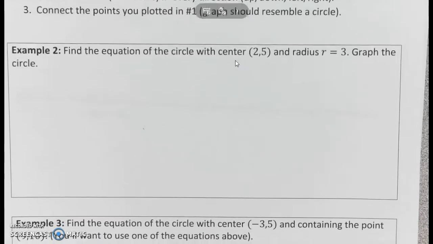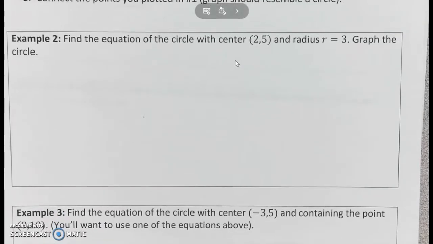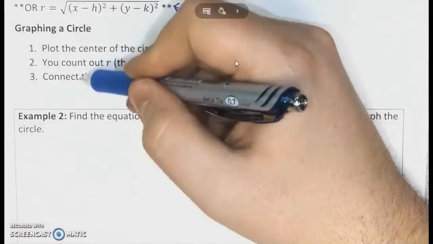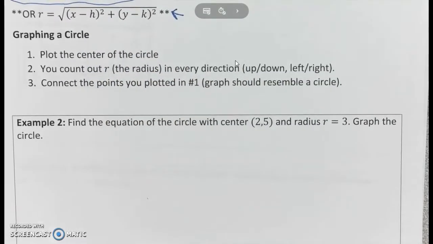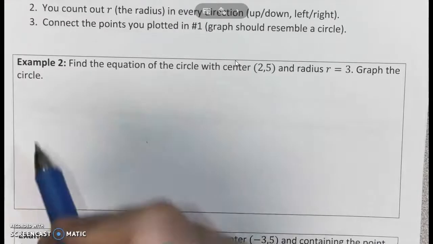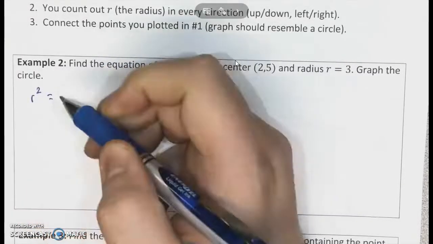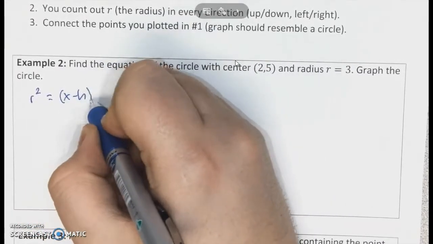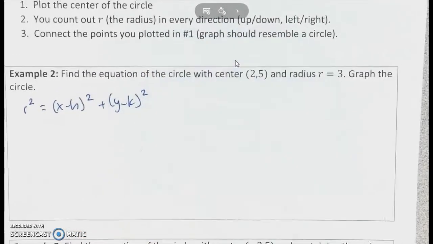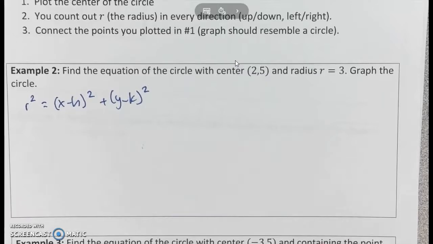So let's look at example 2. Find the equation of a circle with center 2, 5 and radius r equals 3. Graph the circle. We'll come back to this when we graph. So the equation of a circle, if you look above on your sheet there, is r squared equals x minus h quantity squared plus y minus k quantity squared. We know what r is in this case. In this case, r is 3.